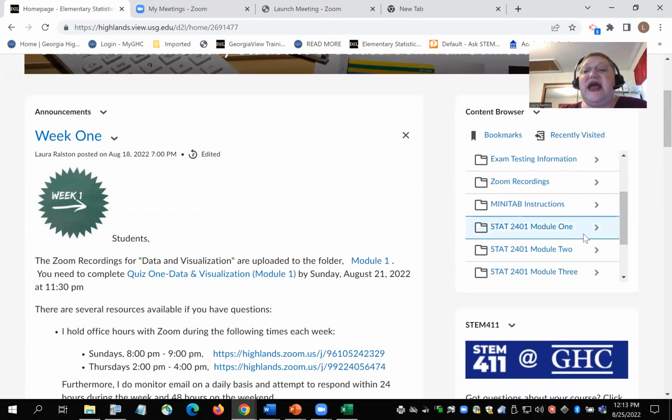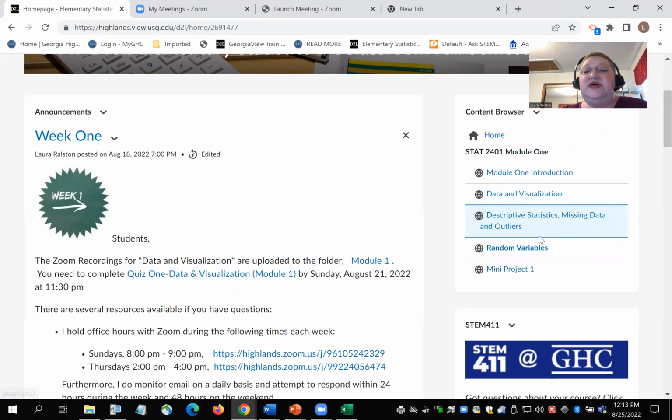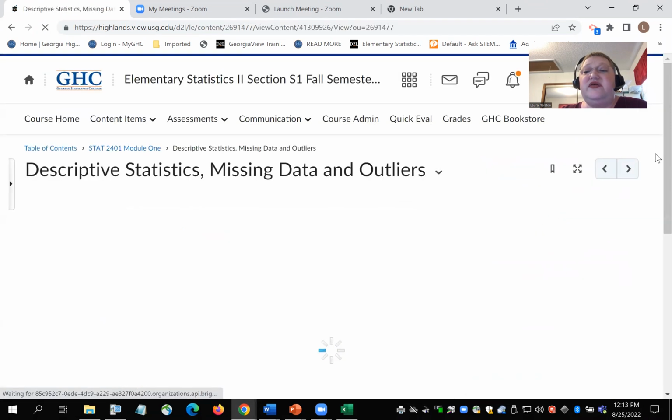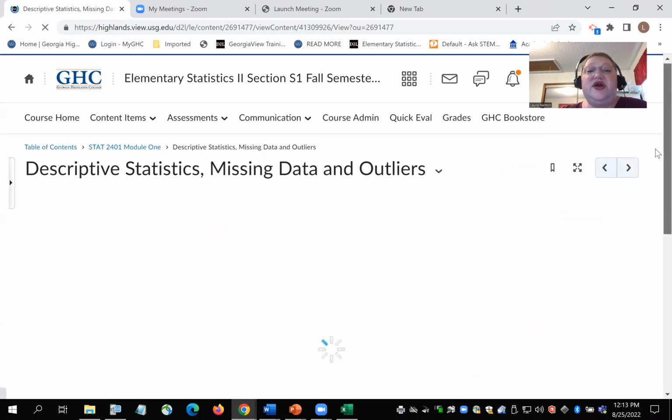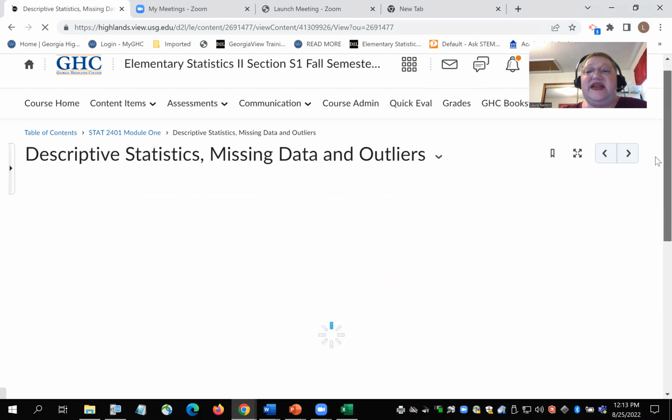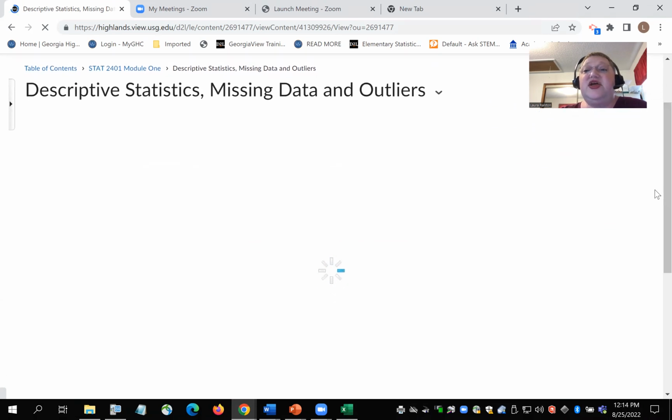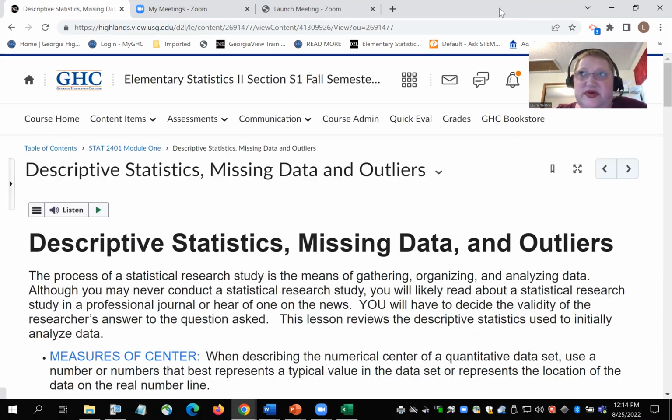If you go to where that data is located, under the descriptive statistics, missing data, and outliers file, and you're pulling it down in the MINITAB format, remember, when you pull down that file, you don't try to open it on your desktop.